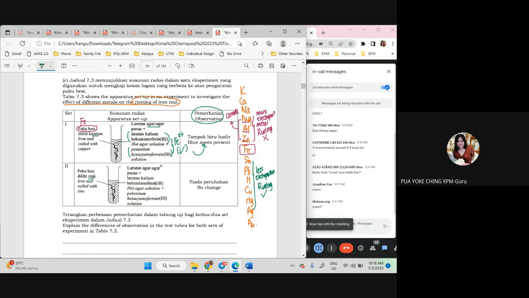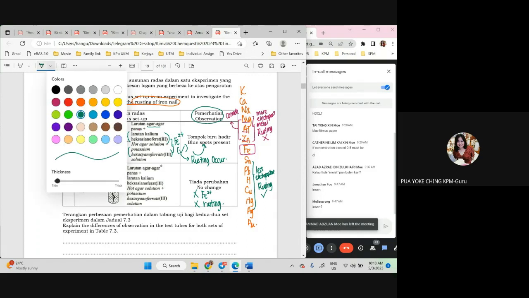When you have blue spots, means you have Fe2+. When you have Fe2+, means rusting occur. So, yang ini, no blue spot, no Fe2+, maksudnya no rusting. Tiada pengaratan.